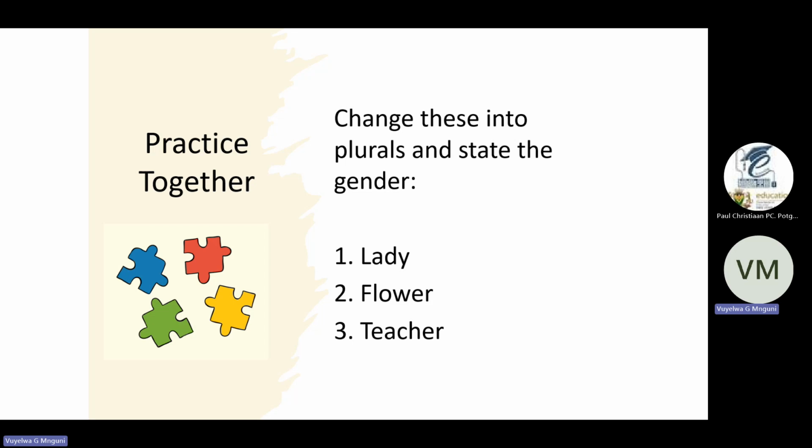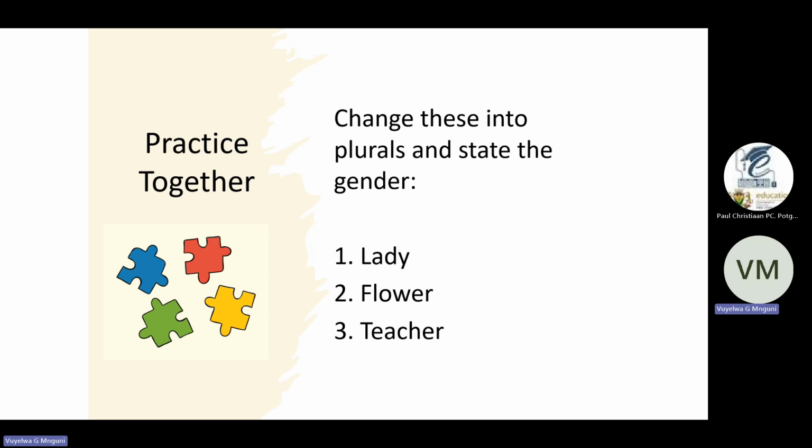Can you see how easy it is now? So I want you now to give me the gender forms of these words. Are you able to do that? Let us try with just one, the gender form now. We say a lady. In a masculine form, we say a gentleman.